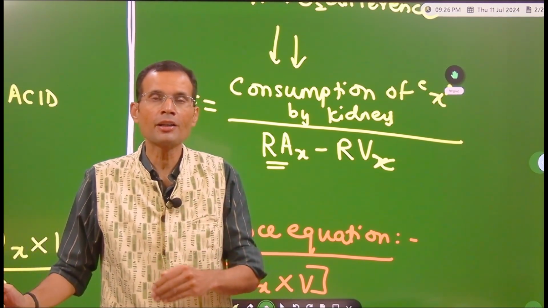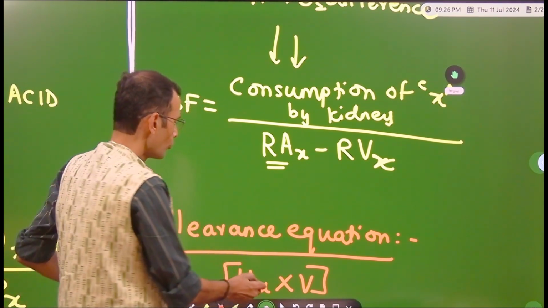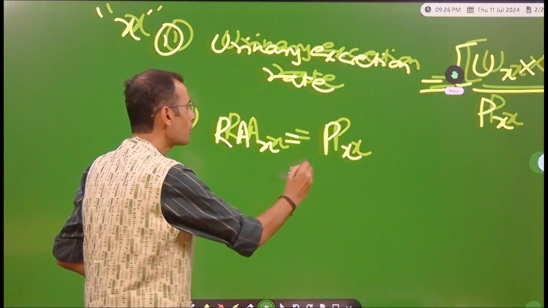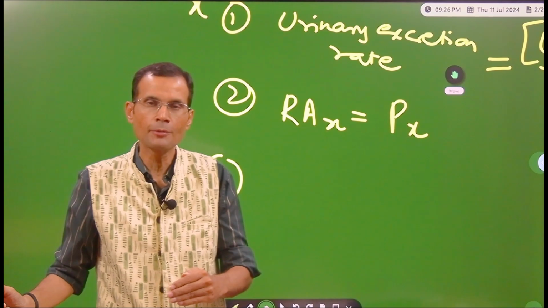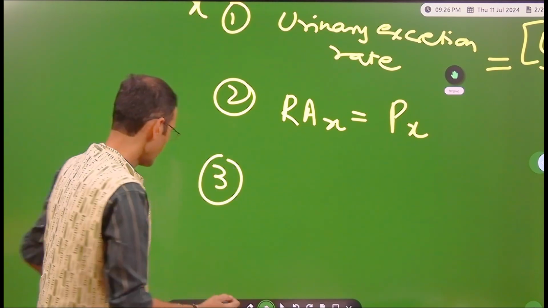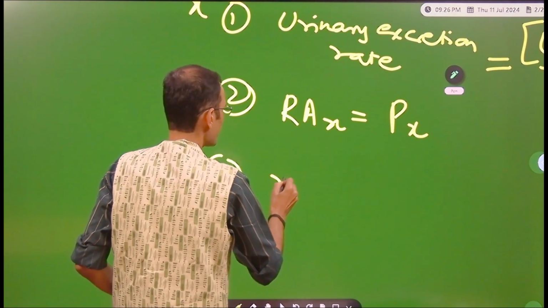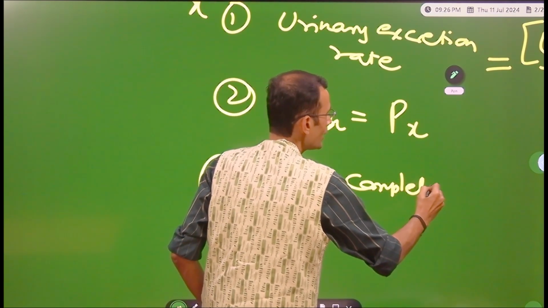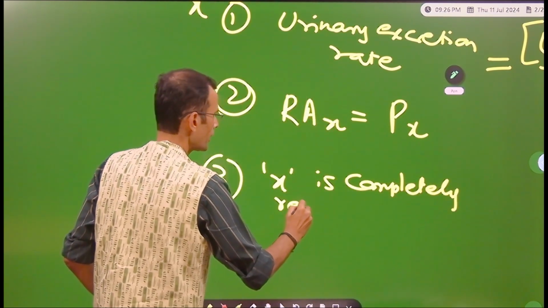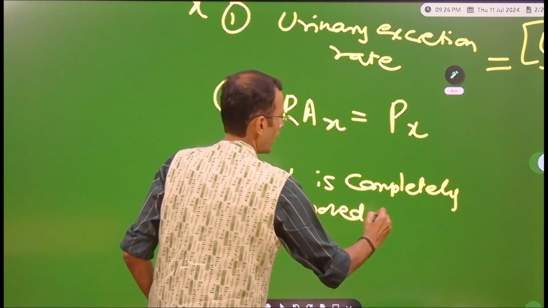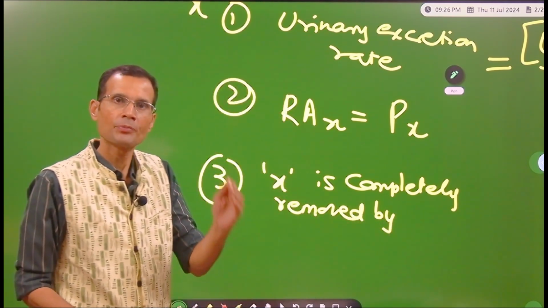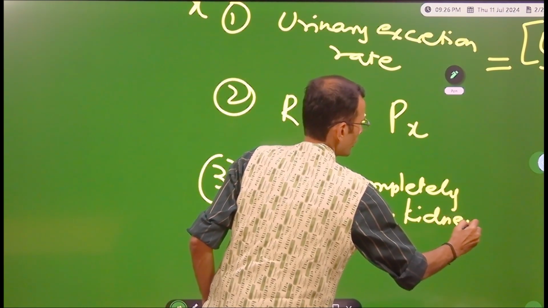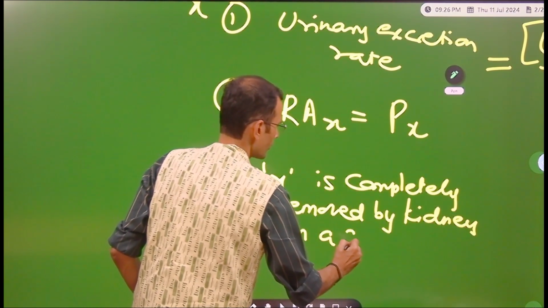So the third criteria is, what if the substance is completely removed by the kidney in a single pass? The substance X is completely removed by the kidney, and removed by the kidney means excreted into the urine in a single pass.